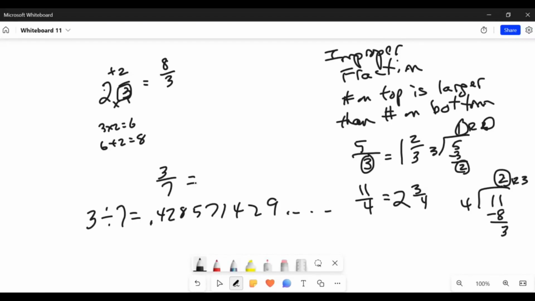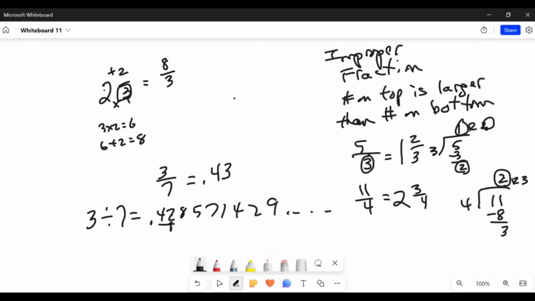We would round that to whatever is necessary for what you're doing. A lot of times we round to about 2 to 4 decimal places. If you round it to 2 decimal places, you look at the 2, look next door at the 8, it tells us to round that up, and this would be 0.43.